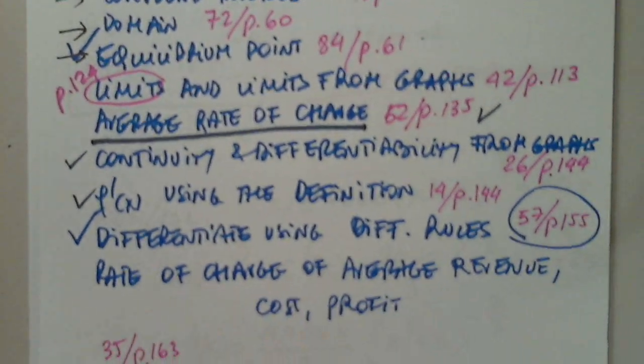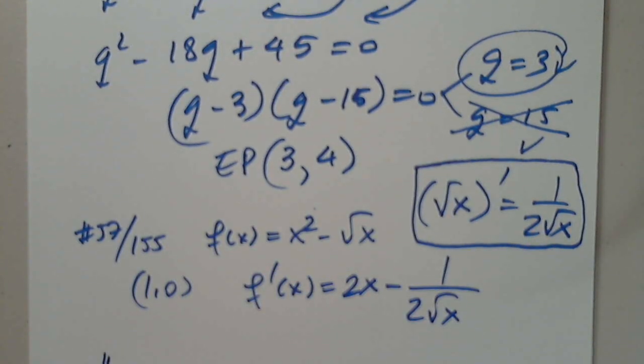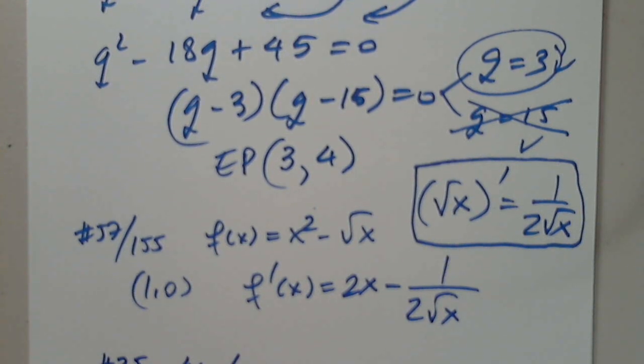Let's look at page 163, 35 and 46 on 163. Now that's the chain rule, which is extremely important.